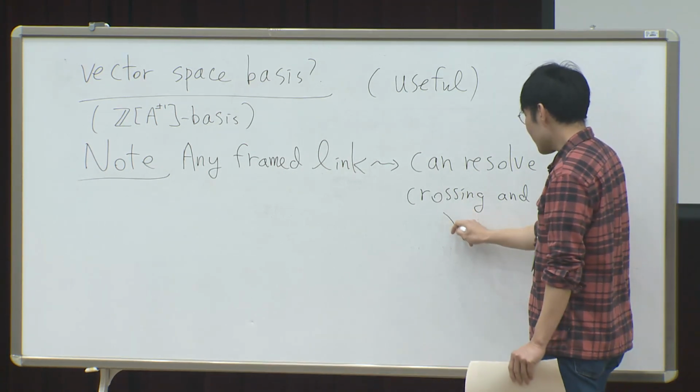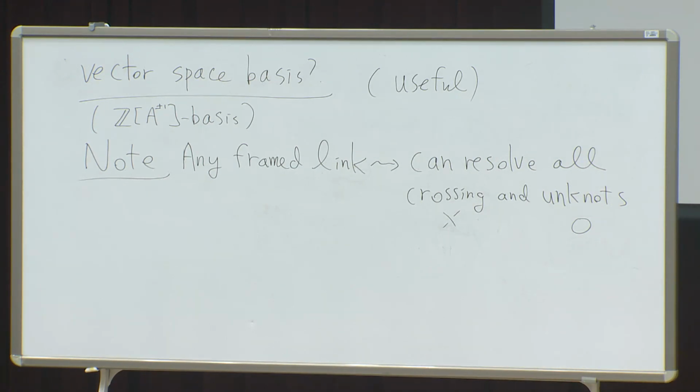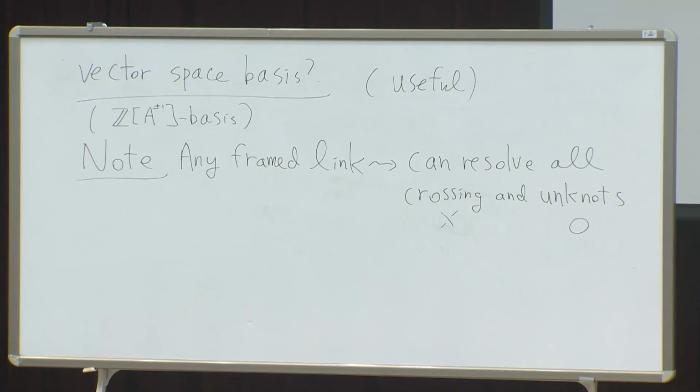So any framed link can be expressed as a linear combination of diagrams without crossings or unknots. So at least that's a spanning set. Let me write that down.